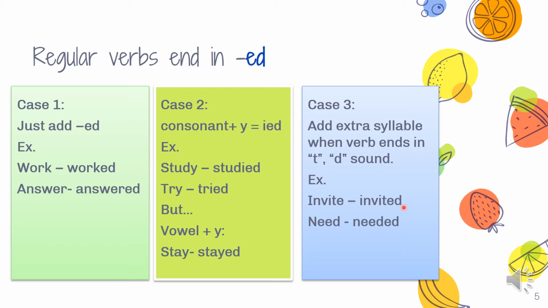Invited, all right? The same happens to need. With need, it's only a one syllable verb, need. When you add ed, then another syllable appears. Needed, needed. Invited, needed. You see?